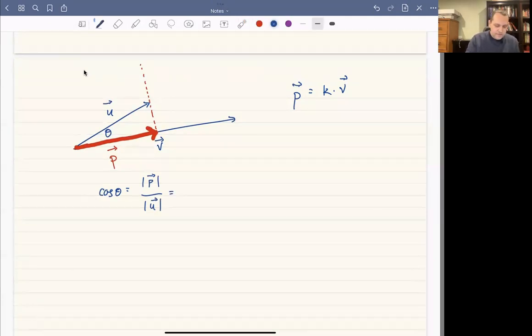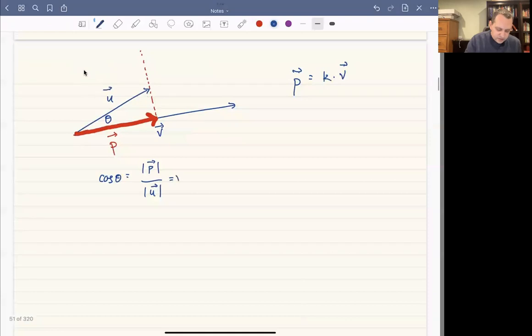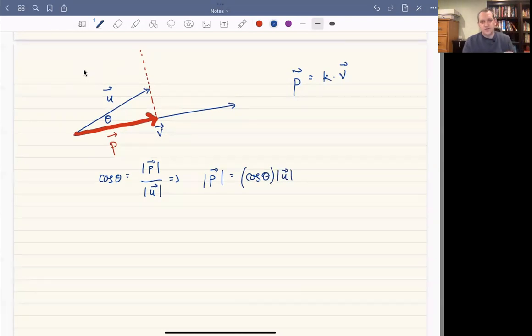And so if I want to solve this, the length of the vector P is going to be cosine of theta, where theta is the angle between U and V, or the angle between U and P, whatever, times the length of the vector U. And cosine of theta, we've already talked about what that is.